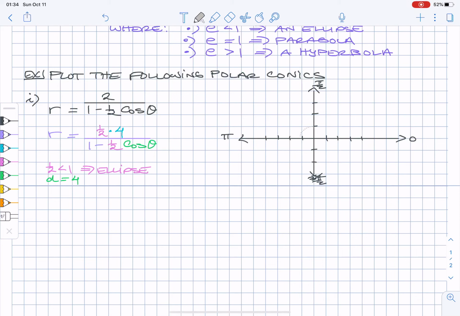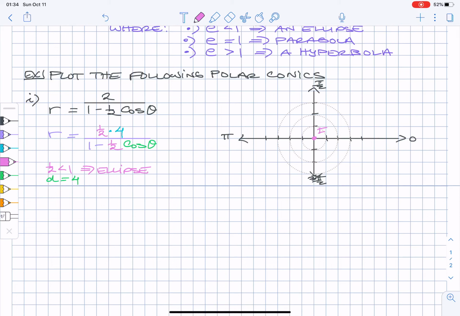So I guess we could do that as our grid. So something like so, etc. It would go on outwards. And then we would have the angles as well. But hopefully we won't need all of that. So there's always a focus at the pole.